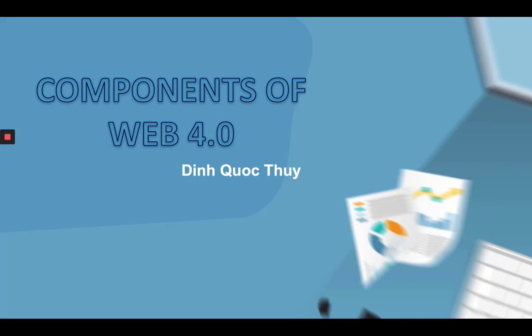As you can see, if Web 2.0 can be called a read-write web, Web 3.0 will surely be called a read-write-execute web. And finally, in this topic we have Web 4.0. It will be a read-write-execute and concurrency web.